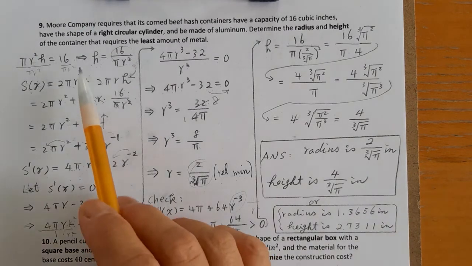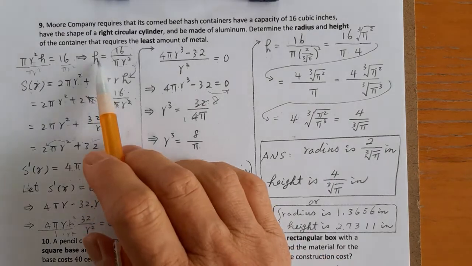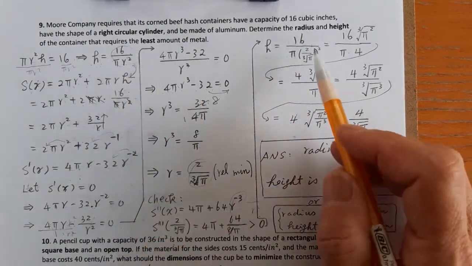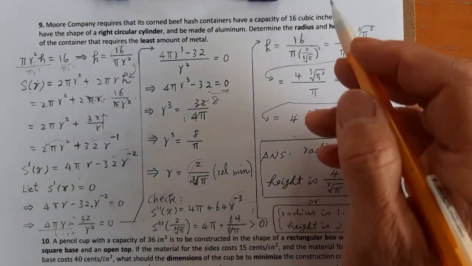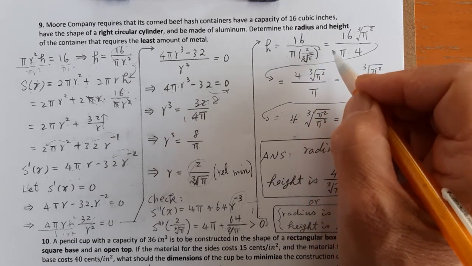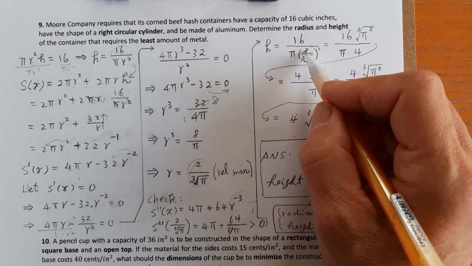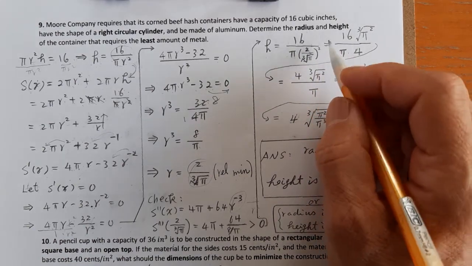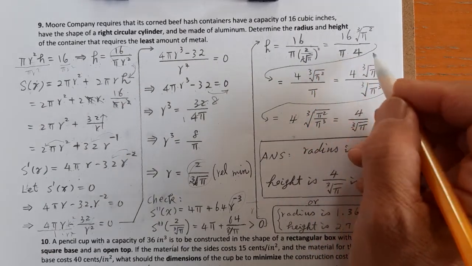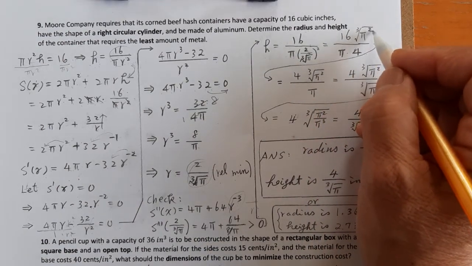Then you need to figure out h. h equals 16 over pi r squared. r is 2 over the cubic root of pi. Square it. So equals 16, denominator is pi. 2 squared is 4, and this is a reciprocal, so 2 squared becomes 4 on the numerator, and the cubic root of pi squared on the denominator.